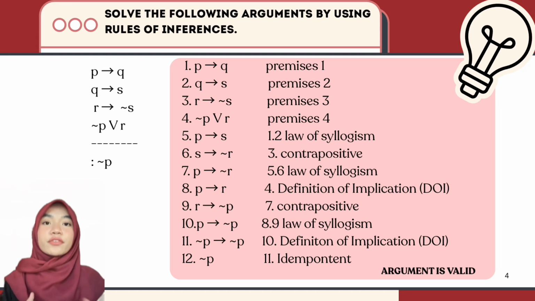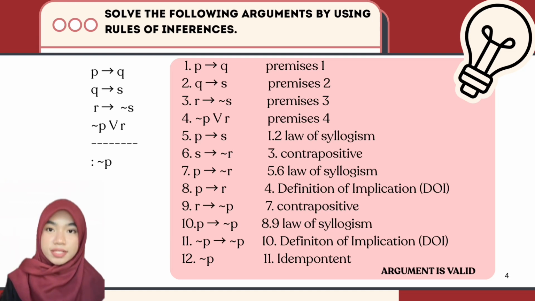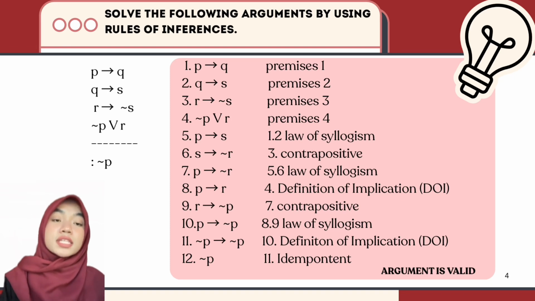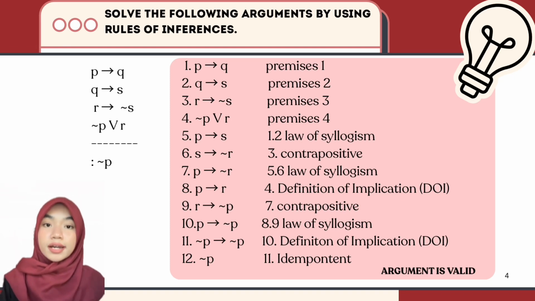Example 1. Solve the following argument by using rules of inference. P implies Q, Q implies S, R implies negation S, negation P or R are the premises, and the conclusion is negation P. 1 until 4 are the premises.